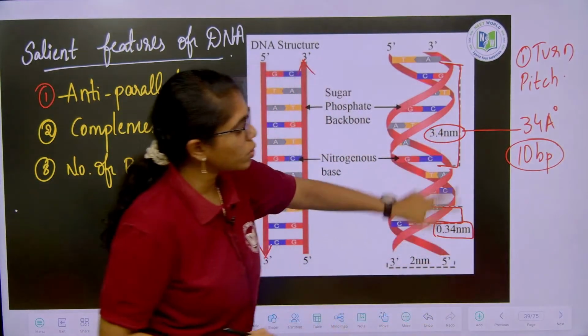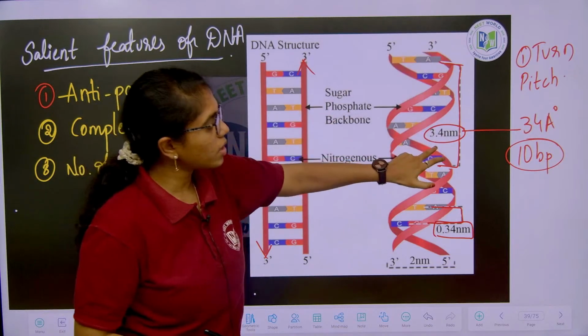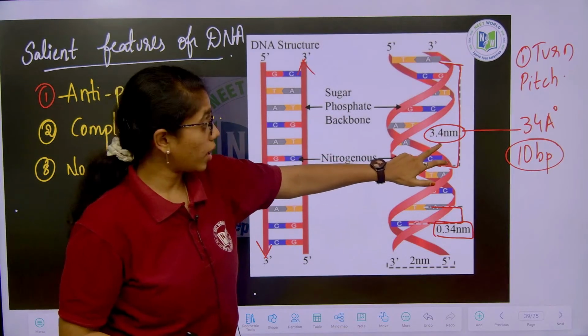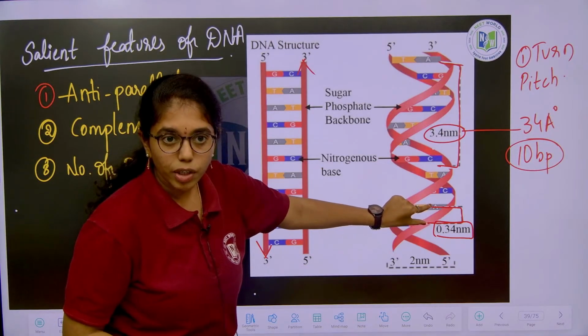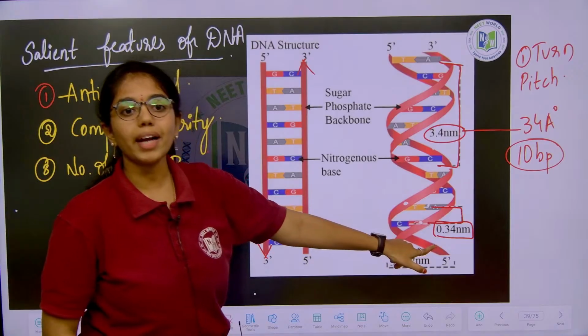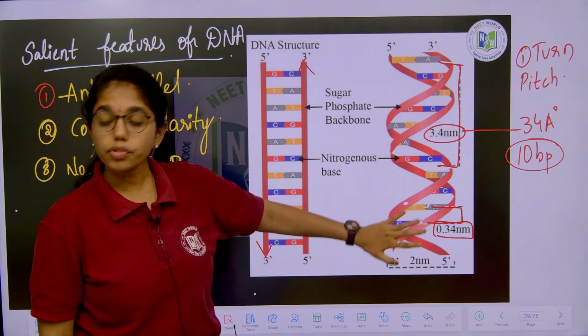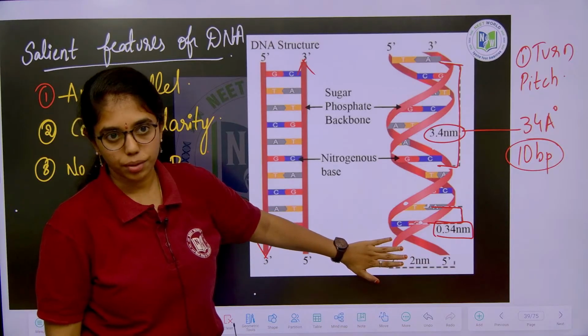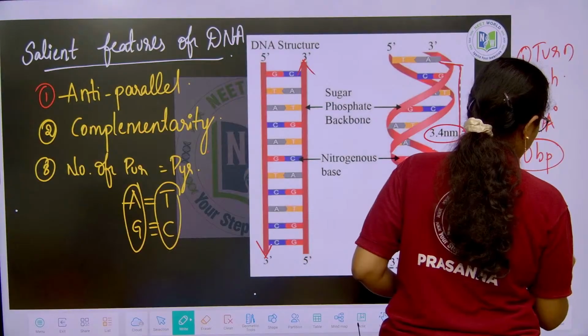Most of the students will get confused here. For one complete turn it is 3.4 nanometers, but in between two base pairs it is 0.34 nanometers. Okay, this is for the standard form of DNA I am telling you. And how many angstroms? 34 angstroms.